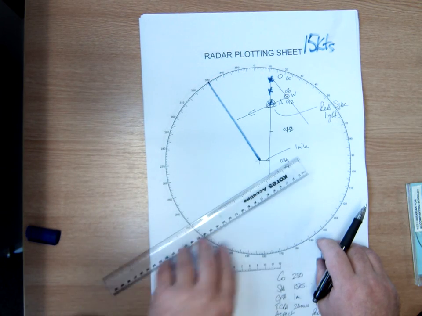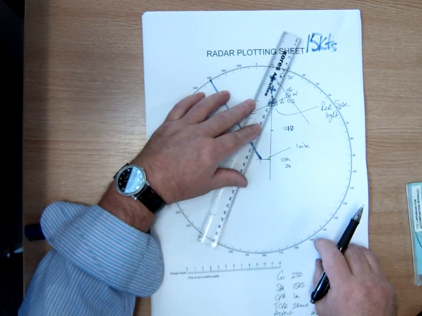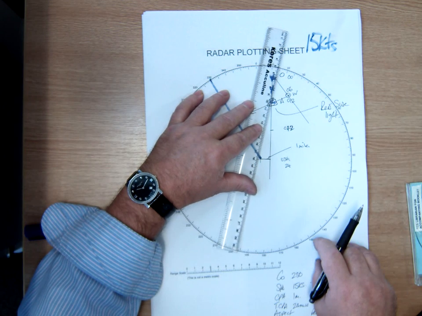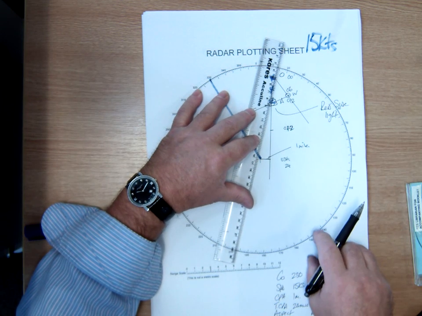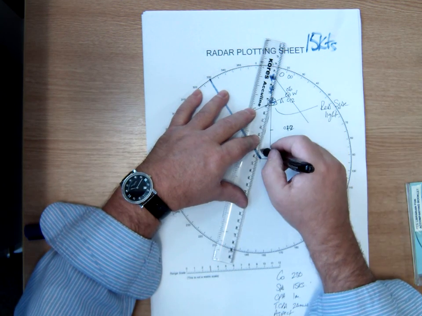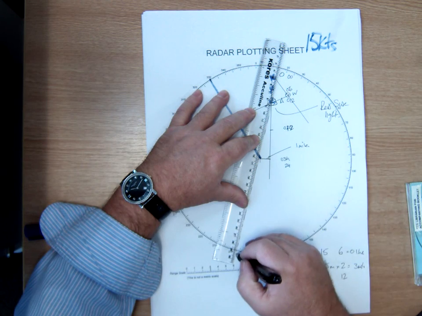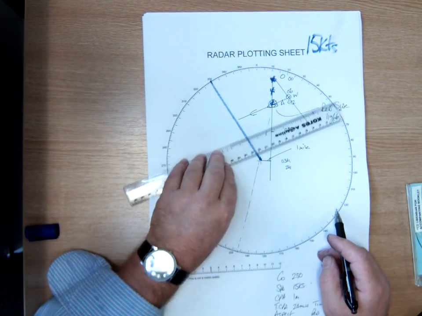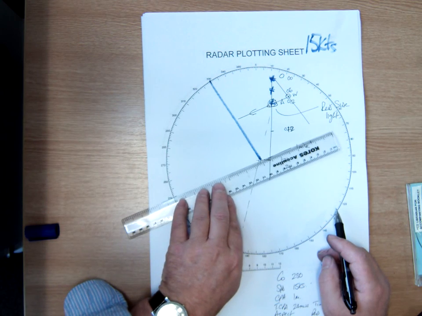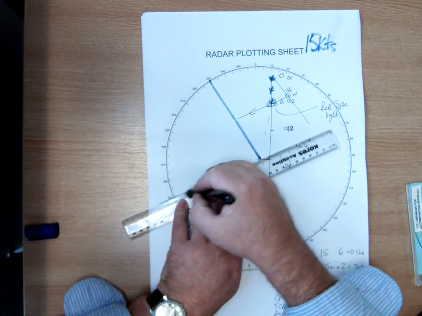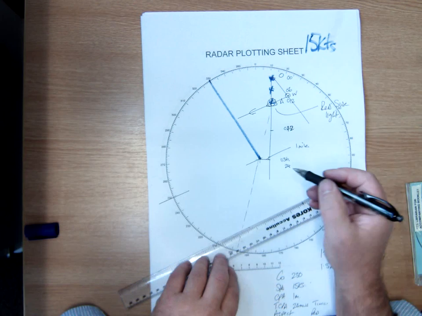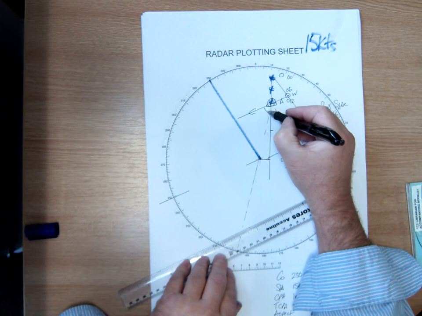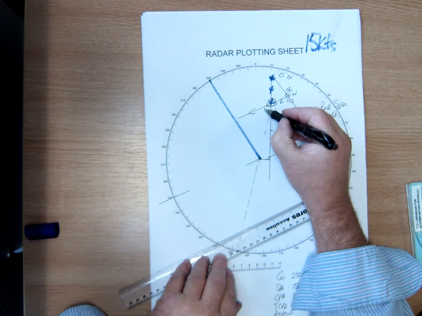So what I need to do is take a reciprocal bearing of her at this particular time. So if I run this bearing through the centre line there, and I work out what is her course on 250. So what I've done, in actual fact, is calculate that angle there.